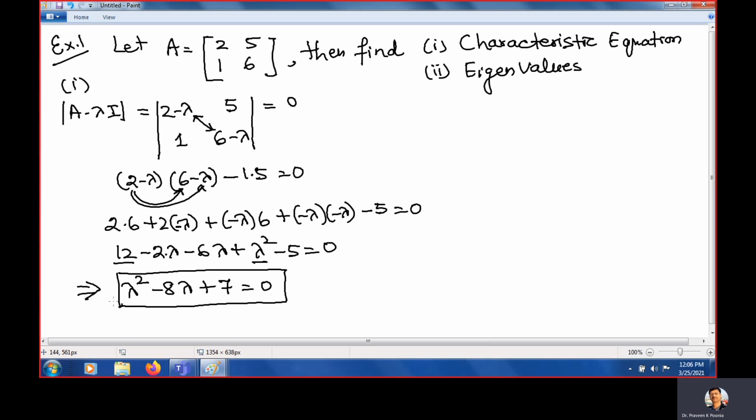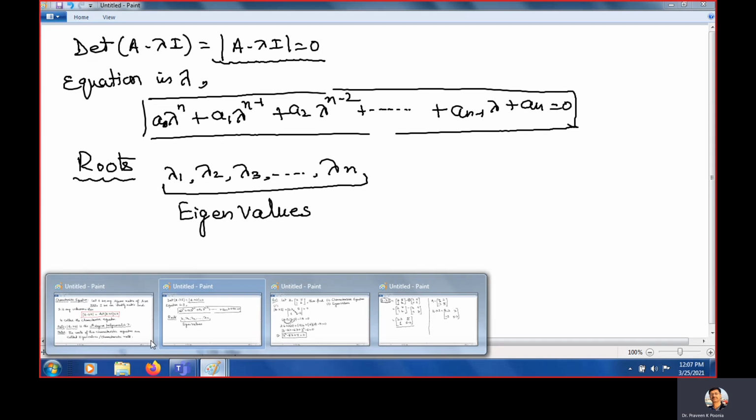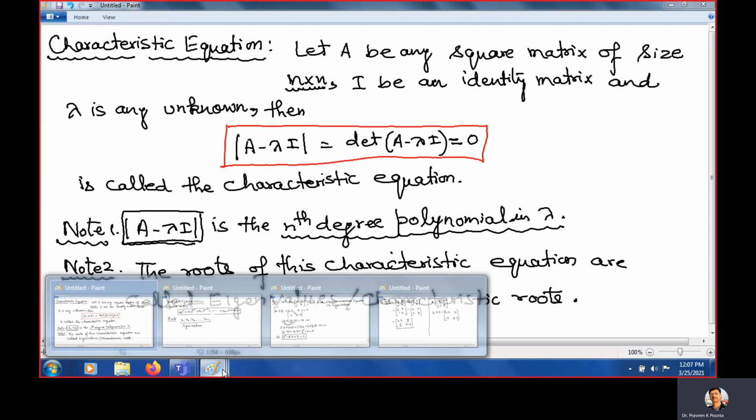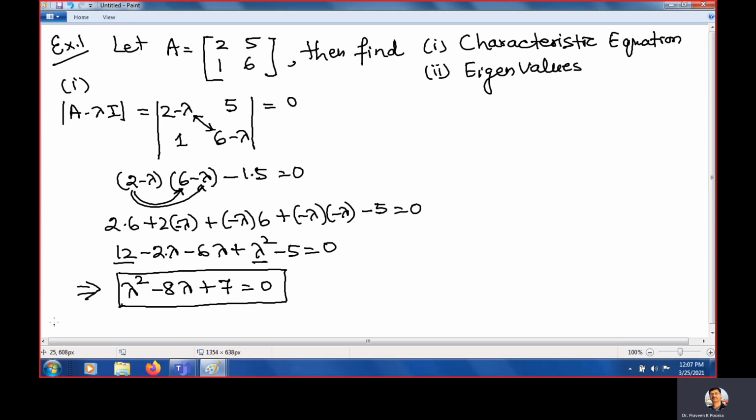Clear? And if somebody asks you what is the characteristic polynomial? If you remember, in the previous slide I explained what the characteristic polynomial is. If you are not putting equal to 0, this is the characteristic polynomial. So if somebody asks you for the characteristic polynomial, you need to remove the equal sign only.